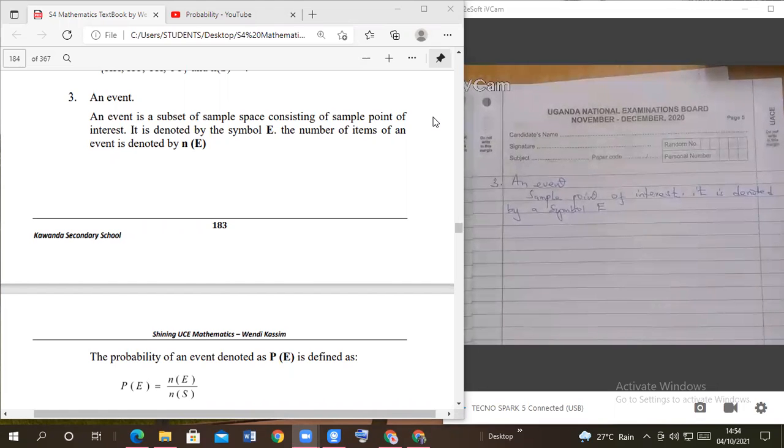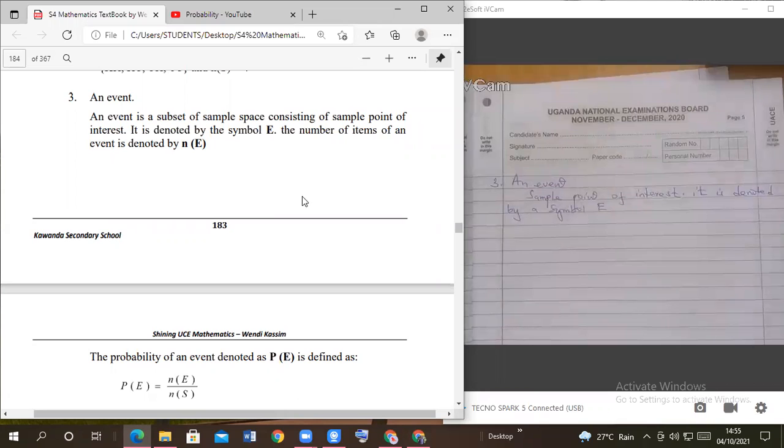Like if you are playing Ludo, what would be your first interest? The first interest is to get a 6. So 6 becomes our interest.